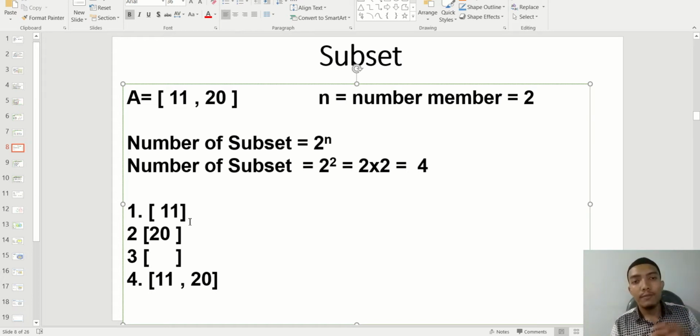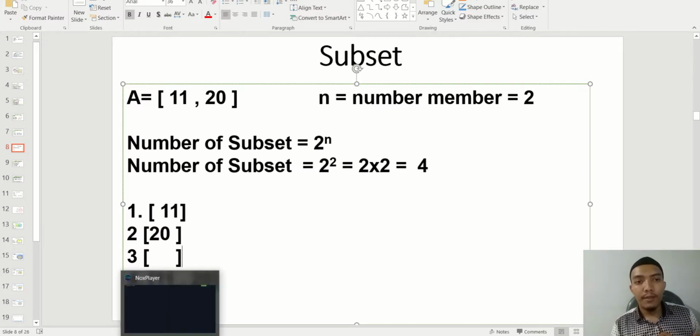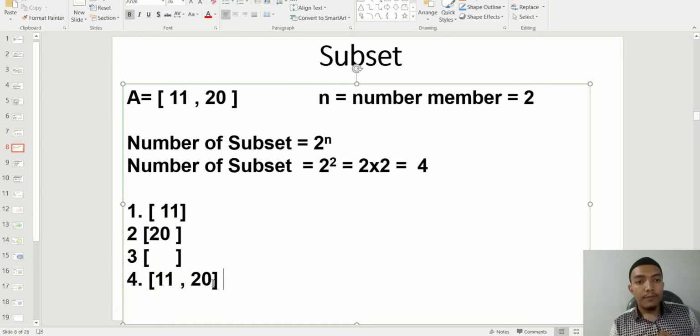So 11, 20, the empty set, and number 4 here is the exactly identical set, 11 and 20. This is what we call a subset, and yes, proven, 4.